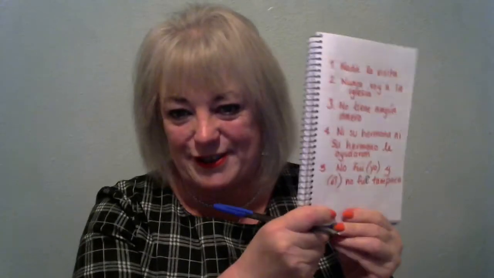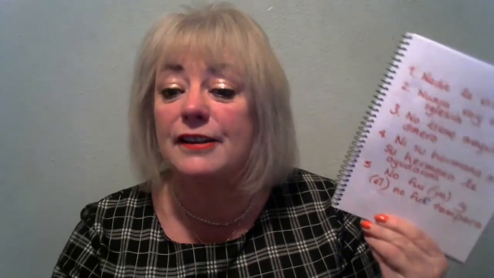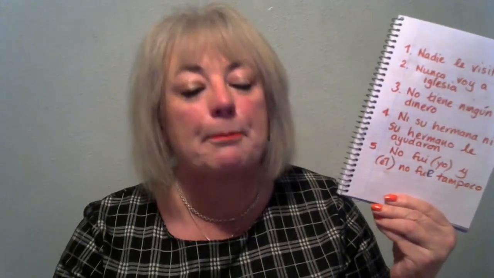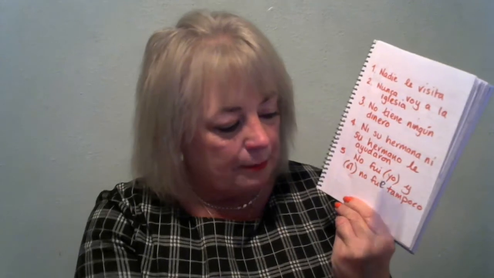Because then I know that people are actually watching. But sí, no fui yo y él no fue tampoco. So what they're looking for here is the tampoco. When you're giving a positive as something that you did the same as somebody else, like, yes, me too, you would say también. But when you say me neither, you use tampoco. ¿Vale?